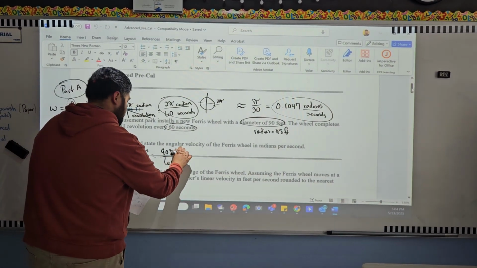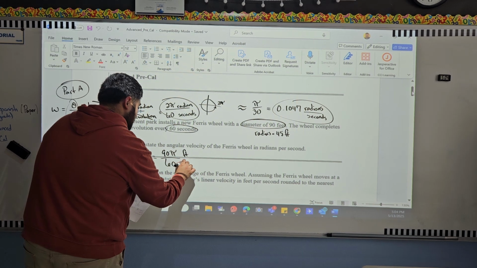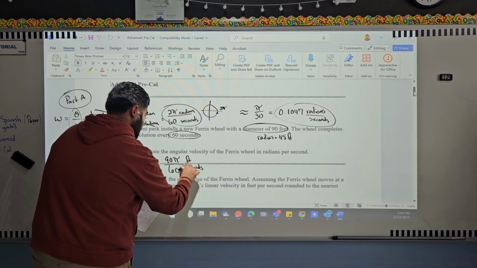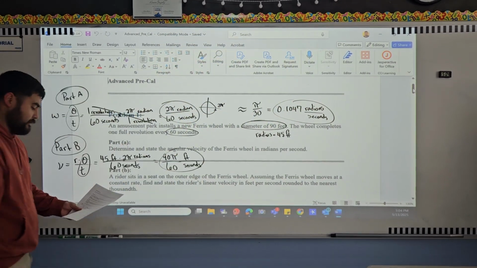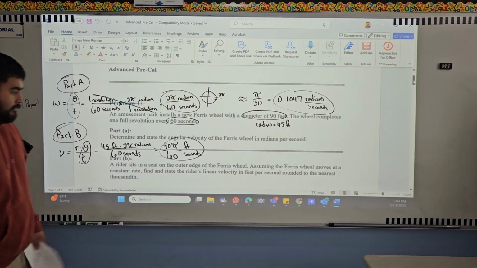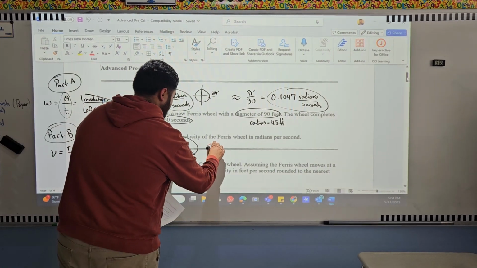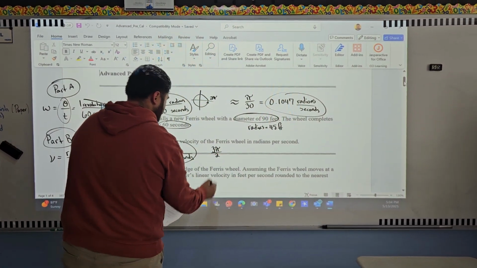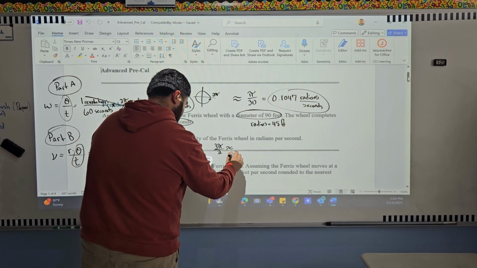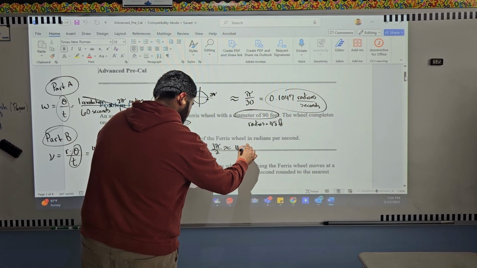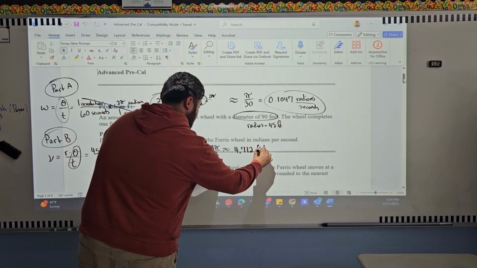So you're left with feet on top, seconds on the bottom. And that is literally your answer. If you want to simplify it, you get 3 pi over 2, or this is equal more or less to 4.712 feet per second.